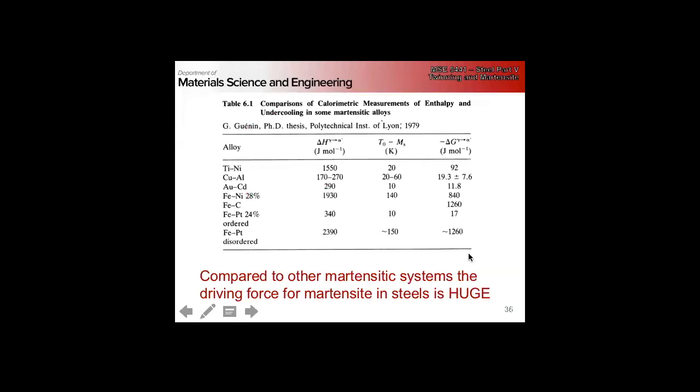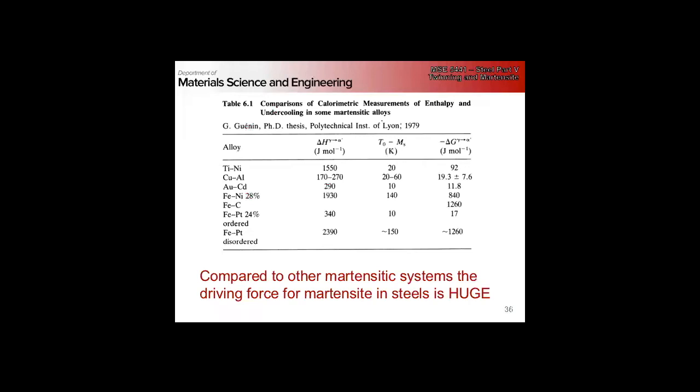How big is that driving force? Right, it's huge. So there's nothing you can do, for the most part, if you've managed to get below your martensite start temperature. There's nothing that's going to counteract this big of a driving force.